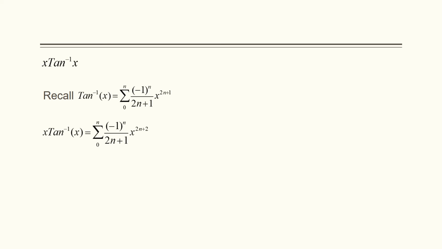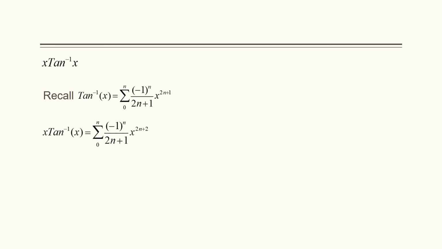When we substitute x with negative x squared, we get 1 over 1 plus x squared is equal to sigma negative 1 to the n, x to the 2n. Next, we take integration of both sides.